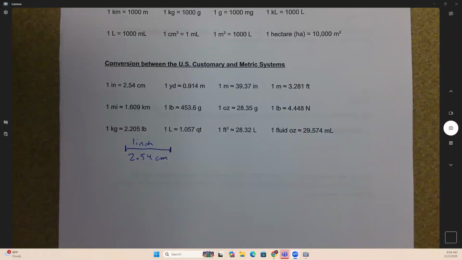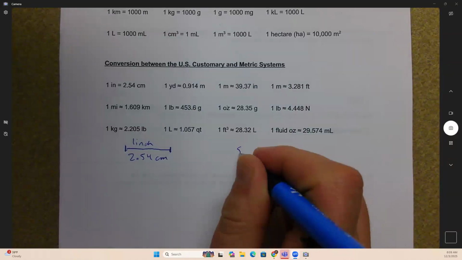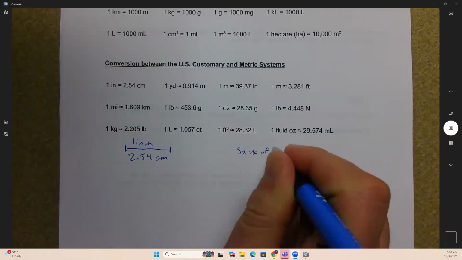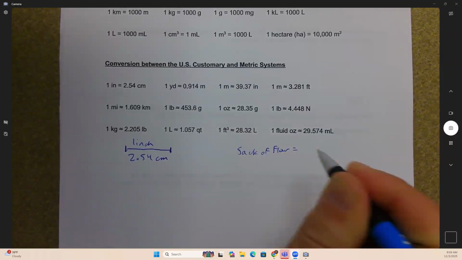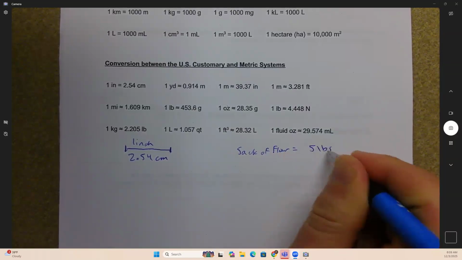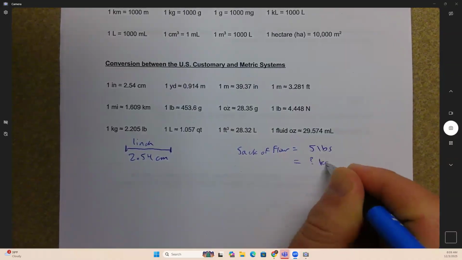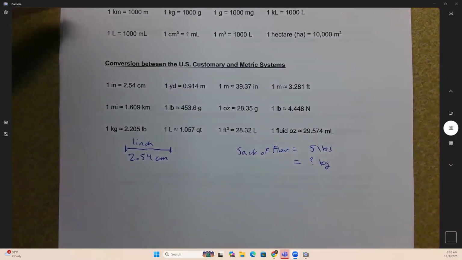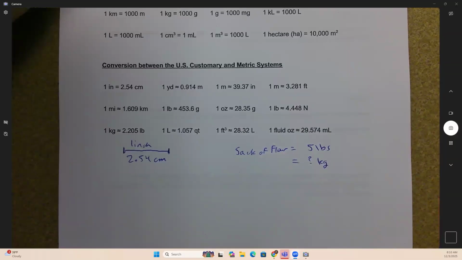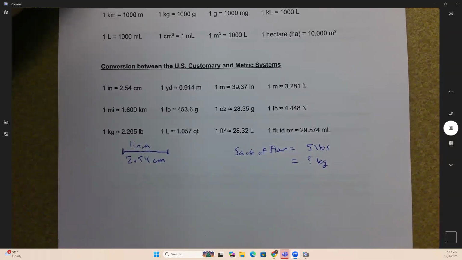Right, and so a sack of flour, maybe it weighs 5 pounds. You could ask, how many kilograms does it weigh? So dimensional analysis is basically a fancy word for changing units of measurement.